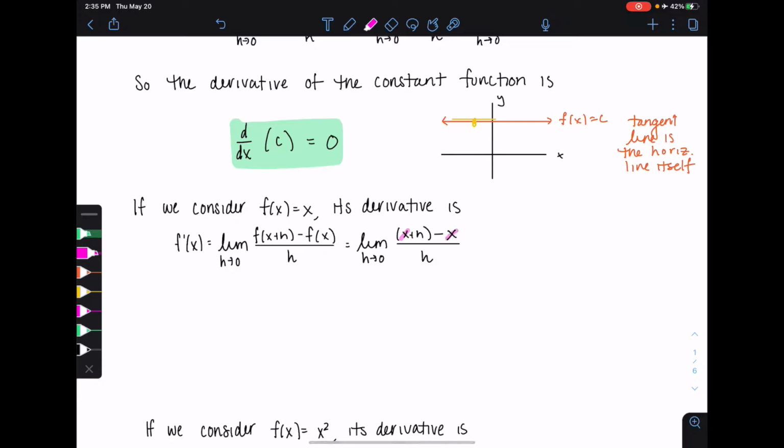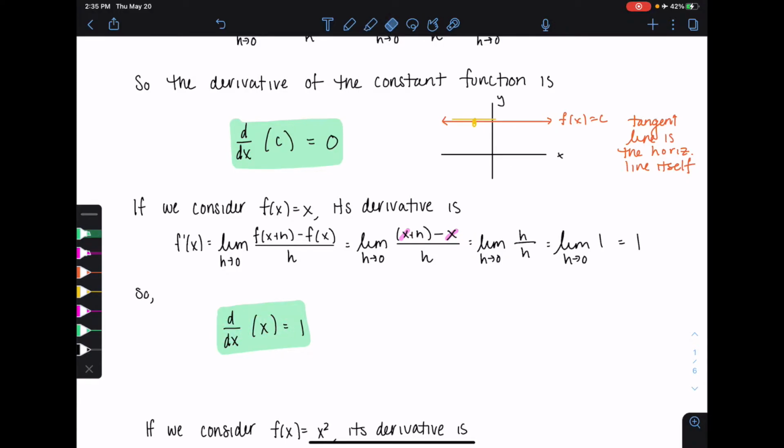And luckily the x's cancel. So that's the limit as h goes to 0 of h over h. That's the limit as h goes to 0 of 1, which is 1. So the derivative of x is equal to 1.